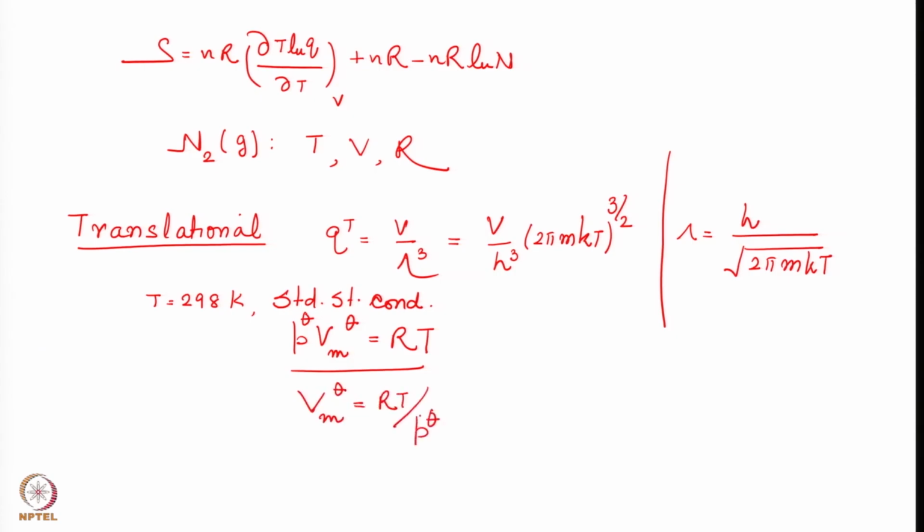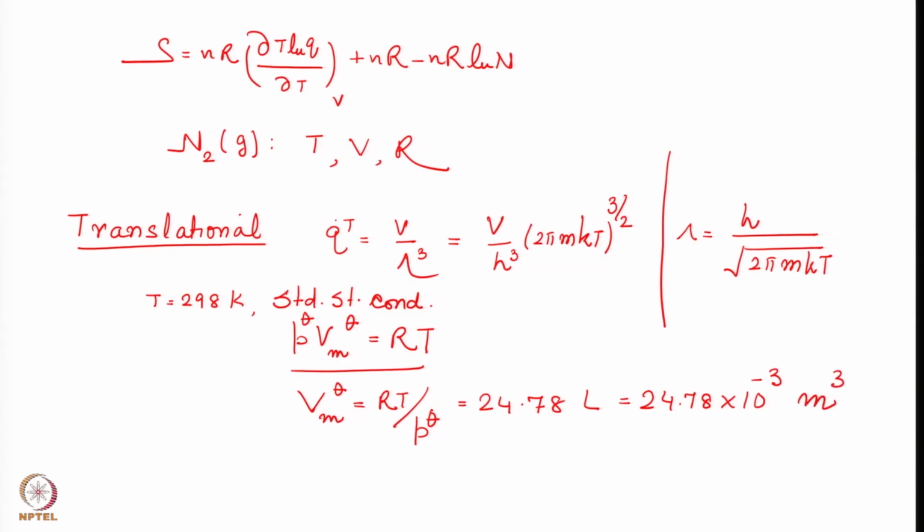Temperature is given, pressure is given, which is 1 bar. You can convert into atmosphere and use the appropriate units. This comes out to 24.78 liter, which is equal to 24.78 into 10 raised to the power minus 3 meter cube.